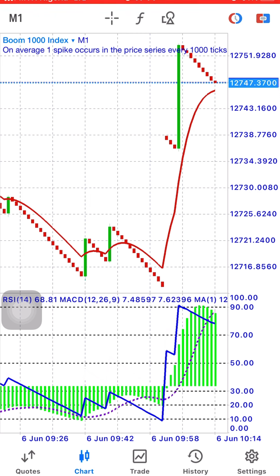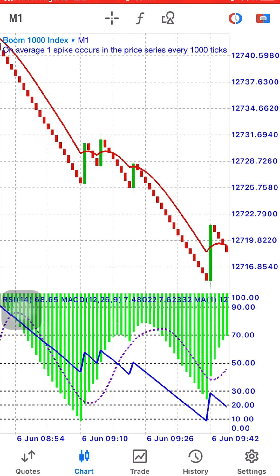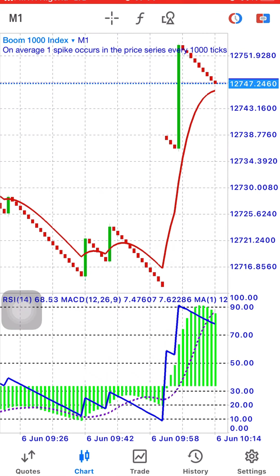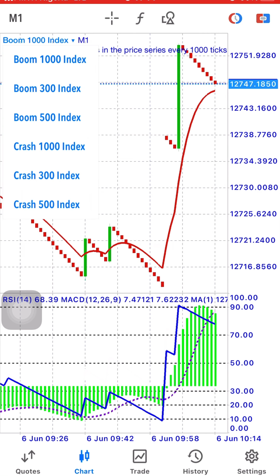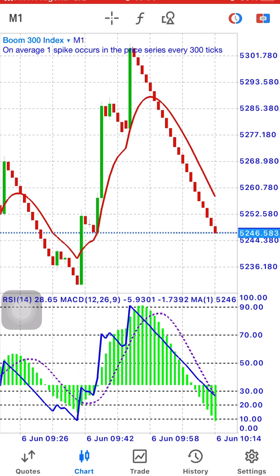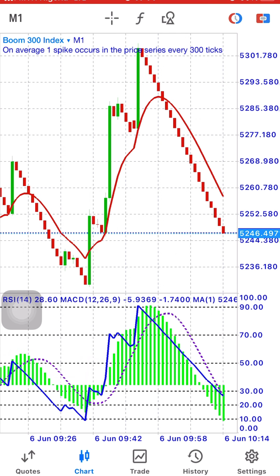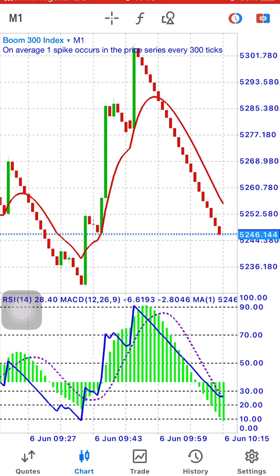Okay, the market jumped here. Okay, there are some markets you don't need to put trend line, while some you need to put some trend line. So this Boom now, for instance, okay, look at this place now. What happened, I told you, after you have where this blue line touched that level 90, you left the market.